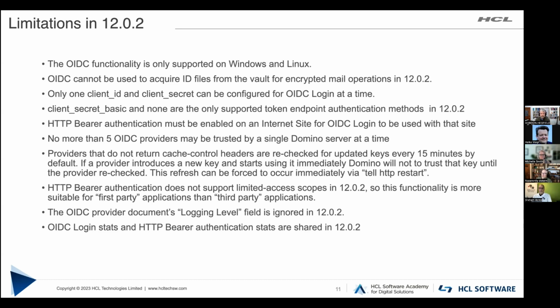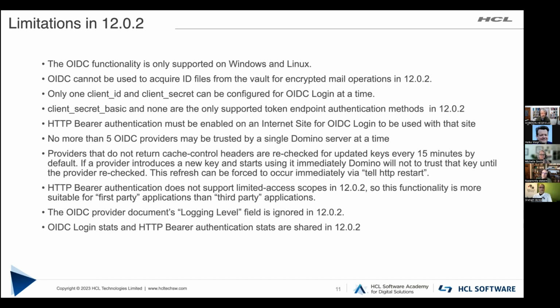So that makes this functionality more suitable for first-party applications, where you have the user sitting in front of a single-page application or a mobile app or a native app, and it's the user on the client accessing their data on their Domino server, as opposed to a third-party application where a user with a web browser is contacting a third-party web server, which is then using the access token on their behalf to contact Domino.